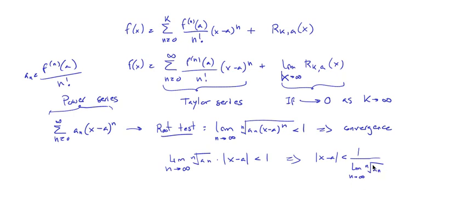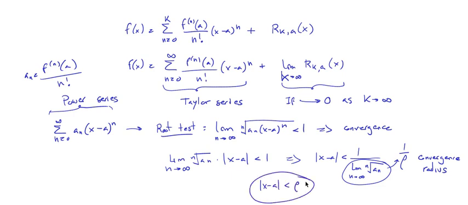Now typically we call this rho, and so we call this the convergence radius. It gives a sense that 1 over the limit, rho, is the convergence radius, because this means that then the absolute value of x minus a has to be smaller than rho, the convergence radius.